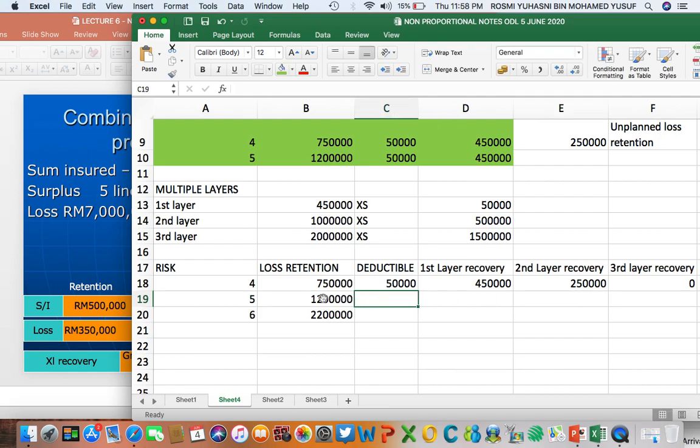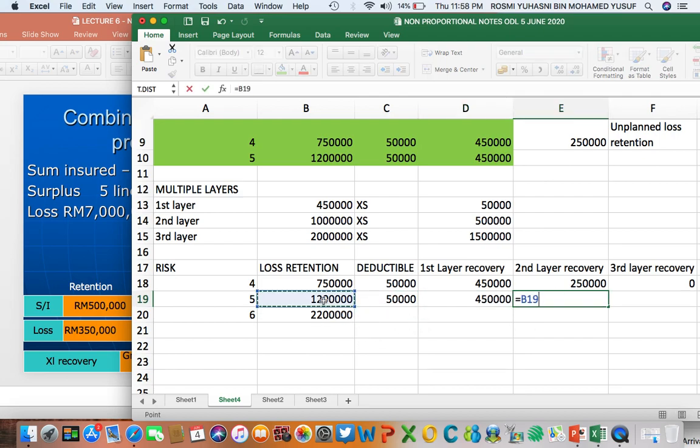Okay, let's move to risk number 5. Incurred loss 1.2 million, deductible as usual 50,000. Okay, how much is paid by the first layer? Definitely, the first layer will only pay up to 450,000. So what happened to the balance? Take the loss minus the deductible minus the first layer recovery.